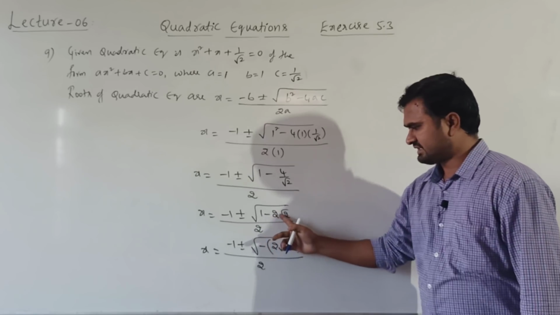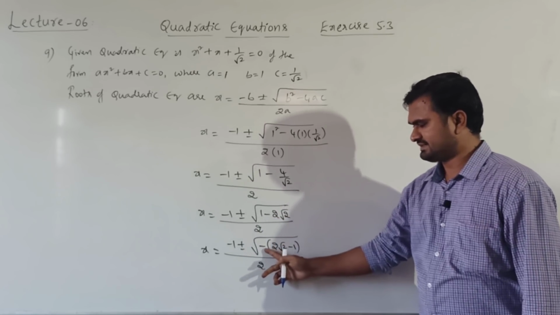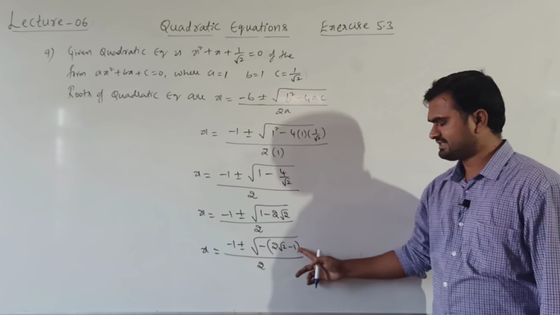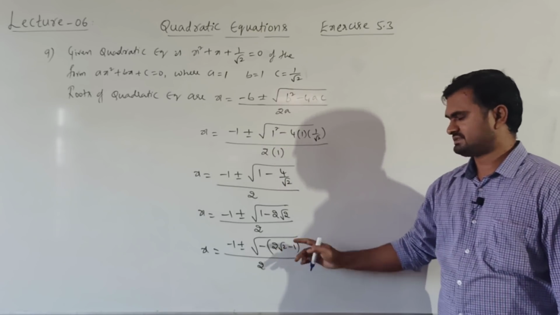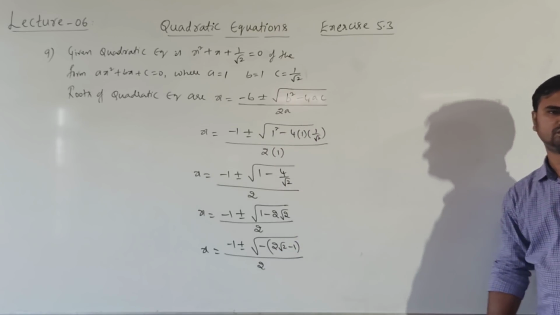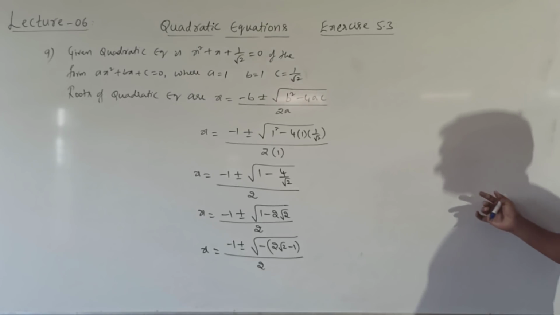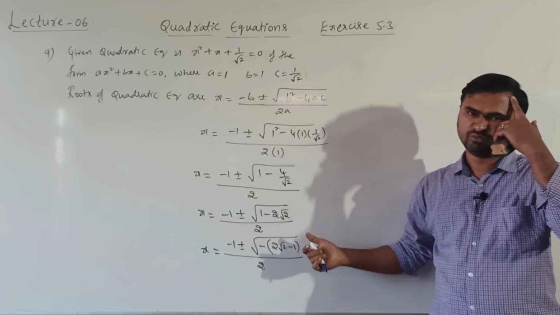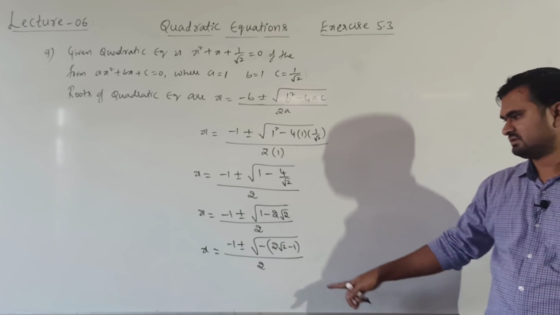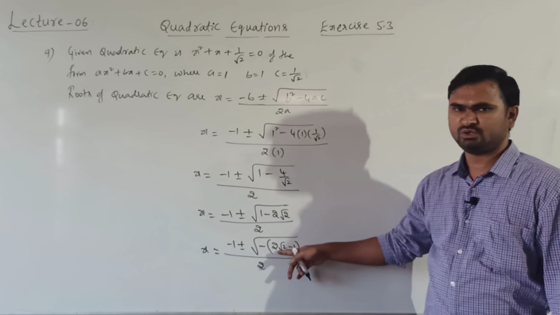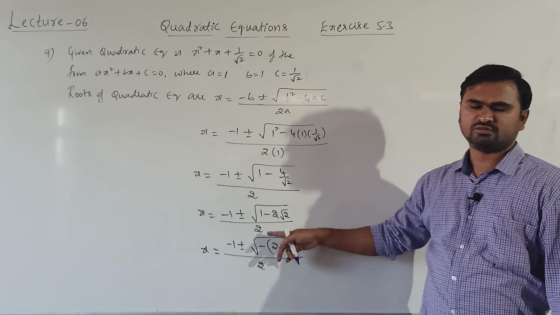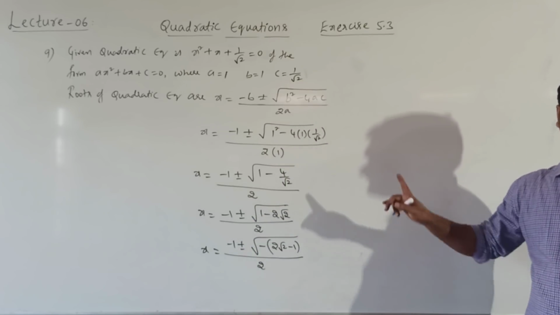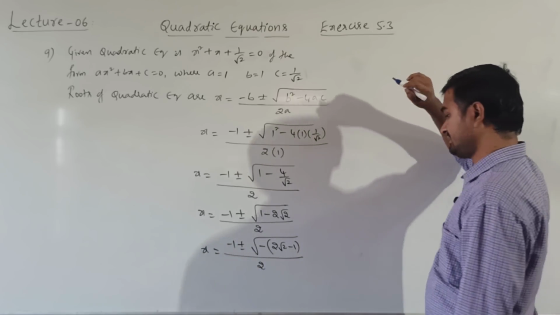From these two terms I have taken minus common. So minus outside, what is 2 root 2 minus 1? 2 root 2 value is 2.828. Okay, 2.828 minus 1, we get 1.828, which is positive. So square root of minus of 1.828 is i root 1.828.